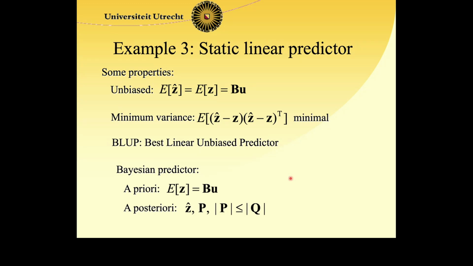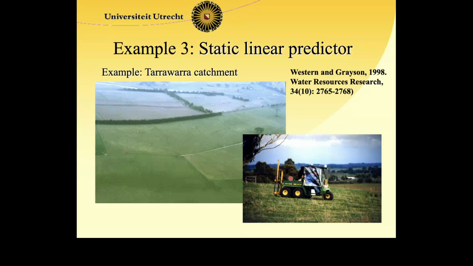Now let's apply this static linear predictor to an example that we showed before, the Tarawara catchment, where they used a TDR observation device mounted on a small tractor that can be pushed into the ground, and they took about 2,000 samples to map out soil moisture.